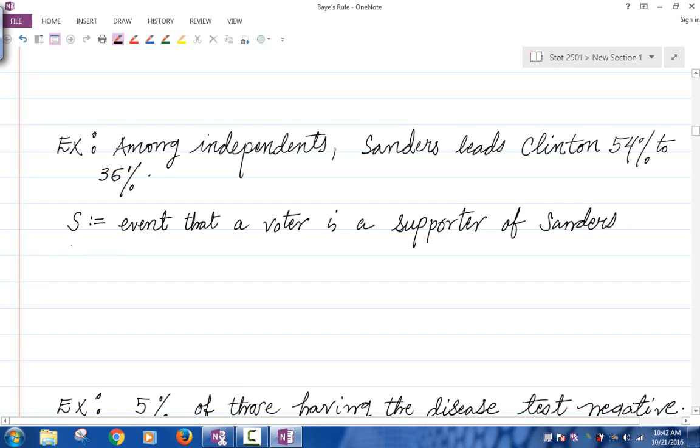And let's use C to denote the event that a voter is a supporter of Clinton.